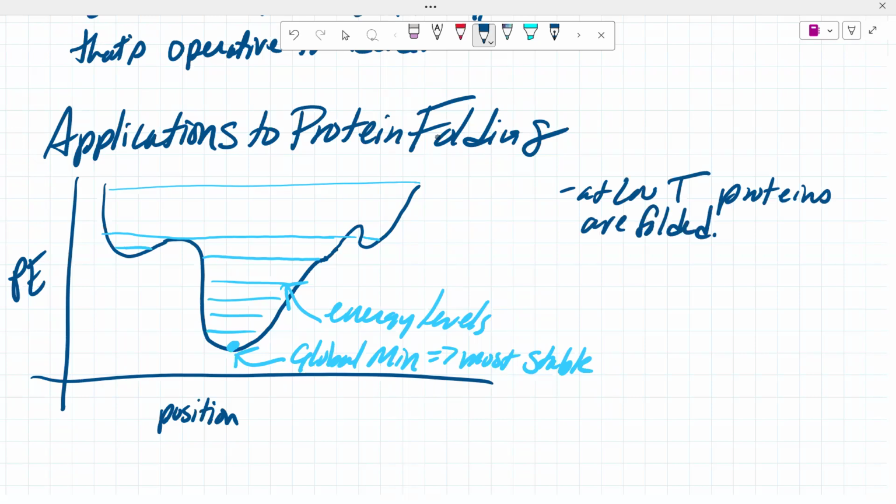Just like in the lattice peptide, where at a low temperature we favored the C conformation, the quote folded protein. The same thing is true for real proteins. As the temperature increases, what happens? Other conformations of the protein are explored.